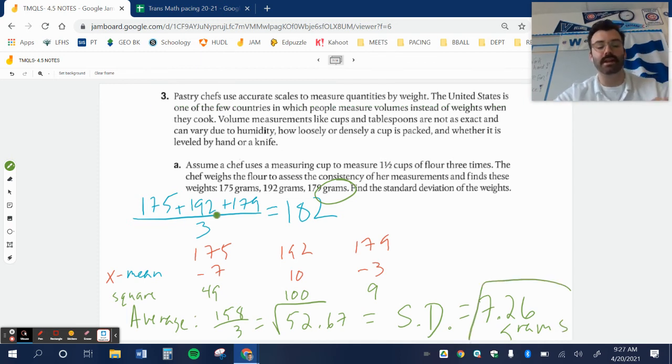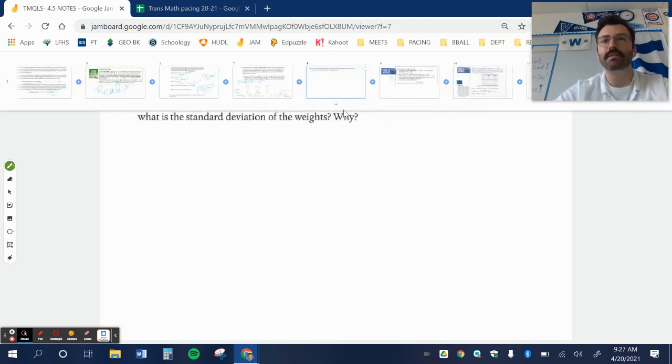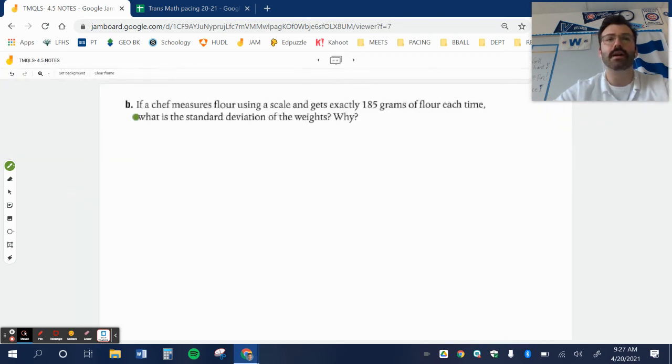So it seems like a lot of process, and we're also going to start using tables to help us with this on these next couple. If a chef measures flour using a scale and gets exactly 185 each time, what's the standard deviation and why? Well, if he gets 185 every single time, it doesn't change.